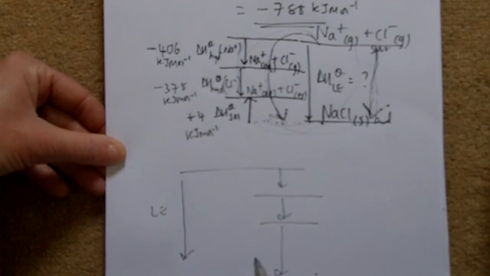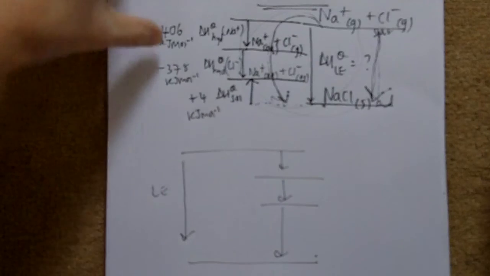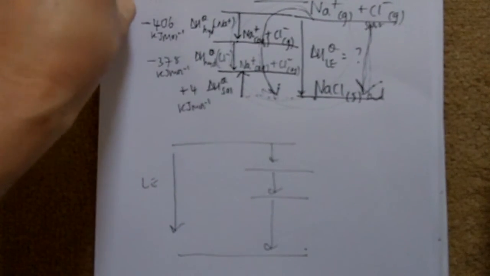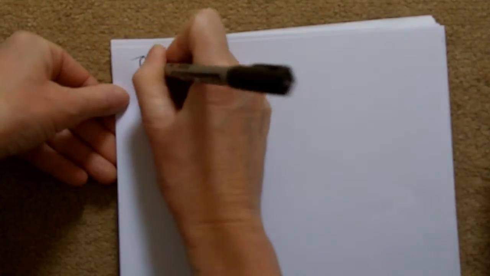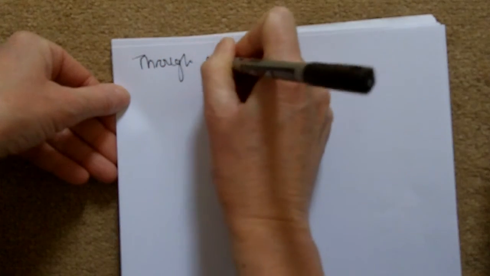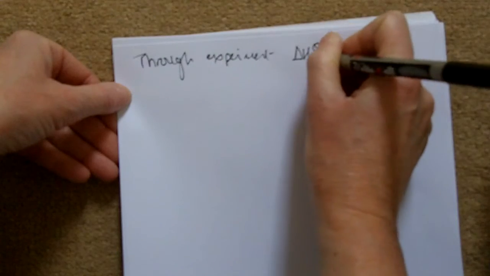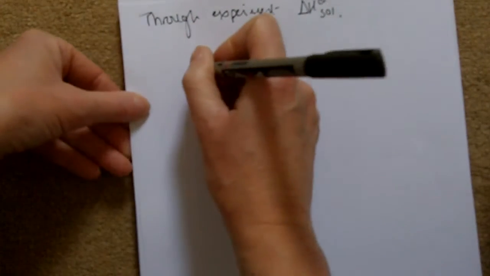Okay, the final part for this is if they ask you, how do you calculate enthalpy change of solution? They'll say to you, experimentally, through experiment, how do you work out enthalpy change of solution? So what you do is you take a polystyrene cup.